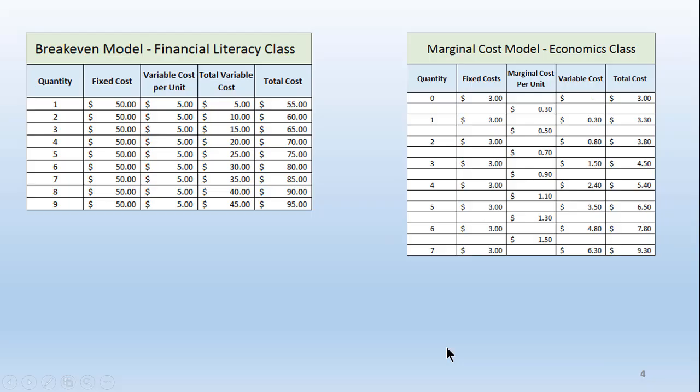Very similar, but a little bit different. If we look a little closer at the two models with data actually provided, we've got variable cost, total variable cost, marginal cost per unit, and variable cost per unit. So again, the two key differences are variable cost per unit has been replaced by marginal cost per unit, and total variable cost is now called variable cost.